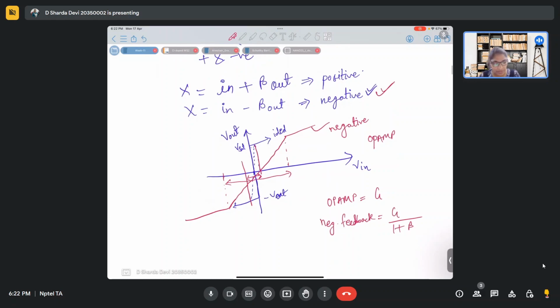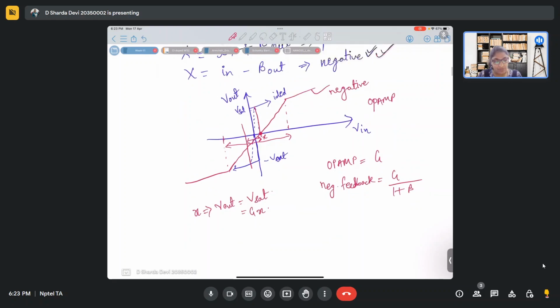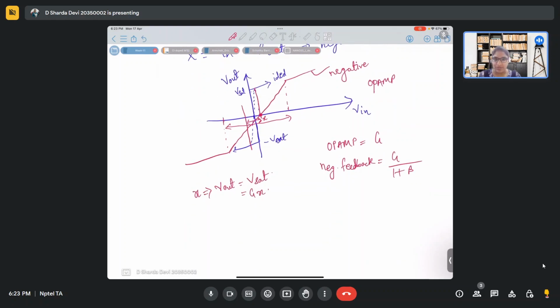Now let's say for this amount of input X, you were getting your V out as Vsat, right? This is because it will actually be G times of X. So G times of X gives you Vsat. Now going from this perspective, I know that V of X is actually Vsat. But now my G dash has reduced.